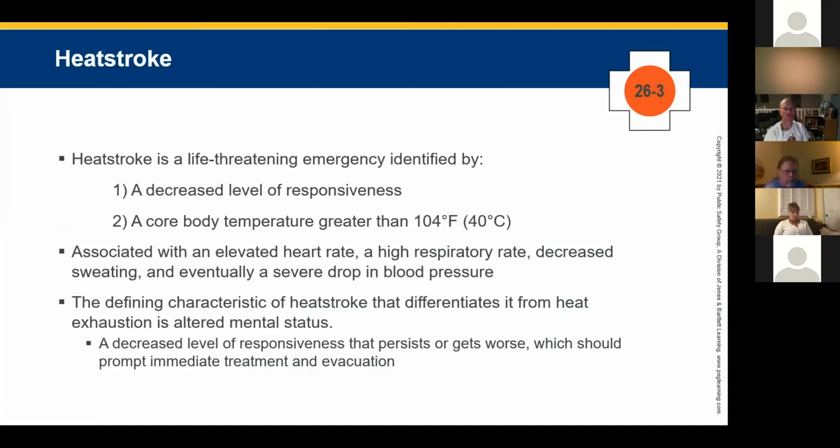We had ice bags. We had to stop someplace and get ice bags for her, but it was terrible. Totally unresponsive. It was terrible. She did survive, but I don't know the outcome, mentally or physically, but it was terrible. So heat stroke, let's see, a decreased level of responsiveness, persistent or getting worse.